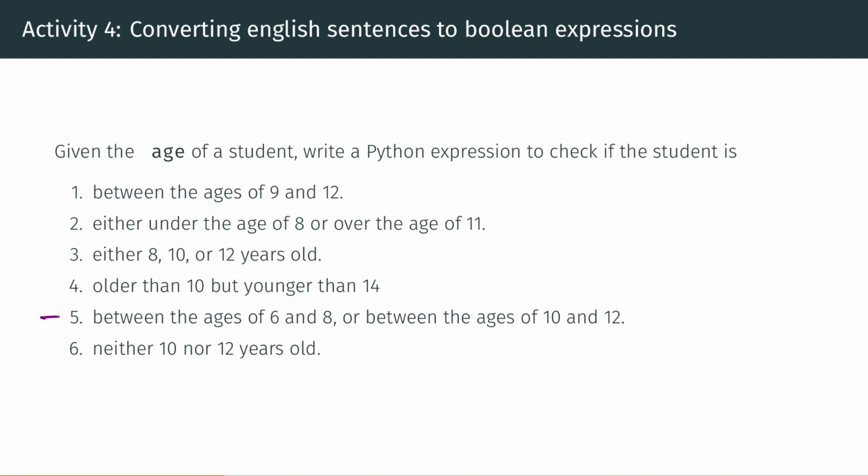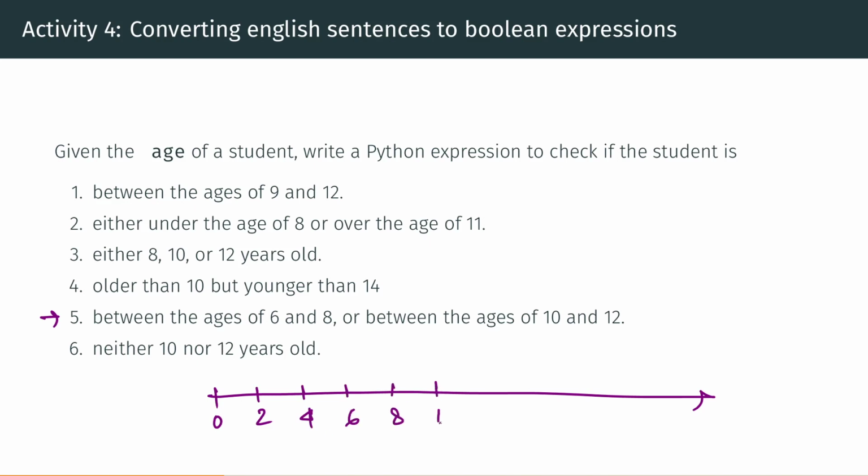The fifth one says between the ages of 6 and 8, or between the ages of 10 and 12. Again, let's draw a number line: 0, 2, 4, 6, 8, 10, 12, 14, and so on.